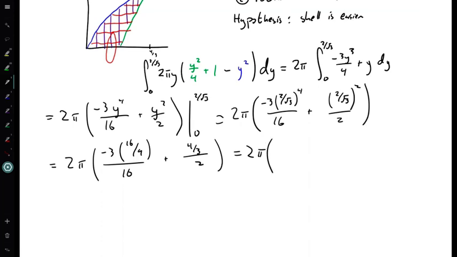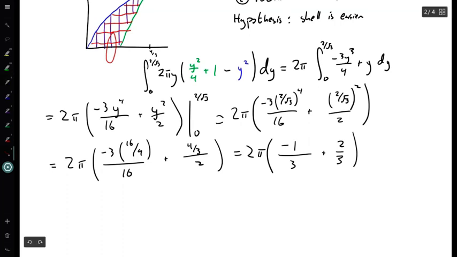Simplifying this first fraction here, 3 over 9 is going to give me a 3 in the denominator. The 16 is going to cancel the 16 out in the denominator, and I'm left with a minus 1. So that first fraction simplifies nicely to minus 1/3. The second fraction, the 4 divided by 2, is going to give me a 2 in the numerator, and that 3 stays in the denominator, so that's 2/3.